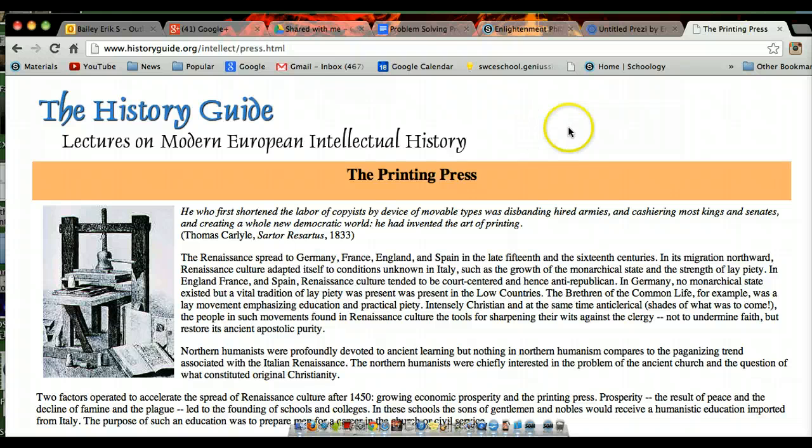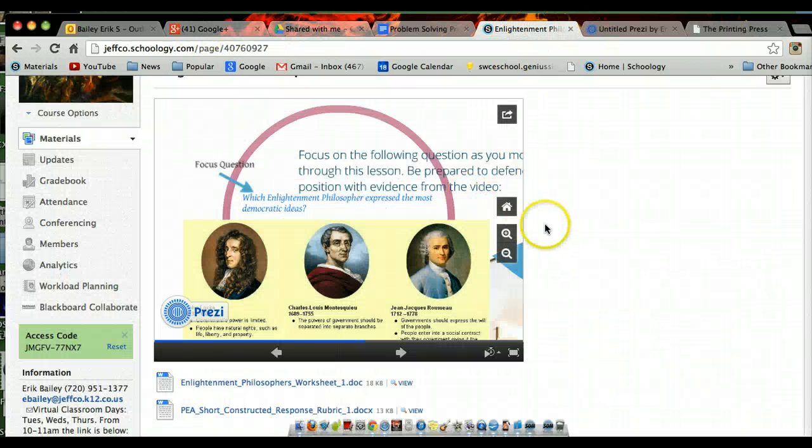Also, the ideas that are pushed forward by the Enlightenment philosophers are not really things that are popular if you're a noble, or if you're a king or a queen, because it's really pushing ideas like all people are created equal, and government should express the will of the people, those types of things.